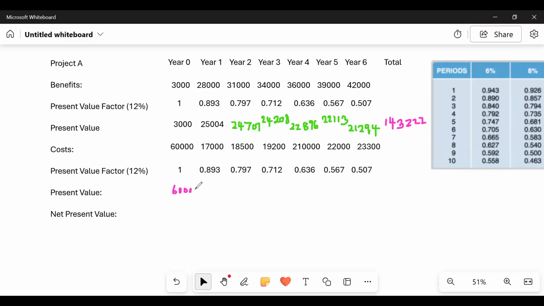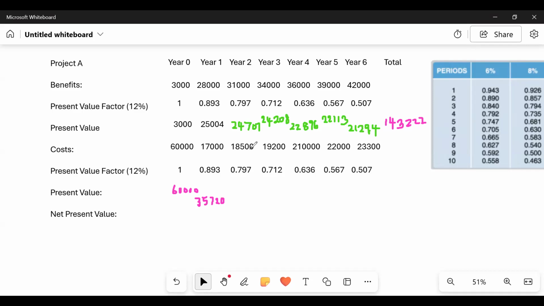This is the current. But after 1 year, the cost will be 17,000. The net present value factor is 0.893. If you multiply, you will get 35,720.